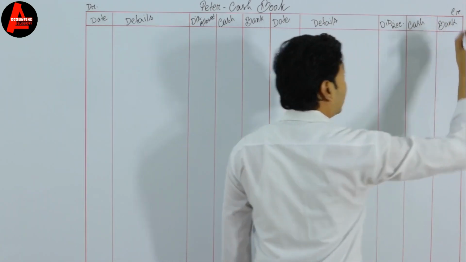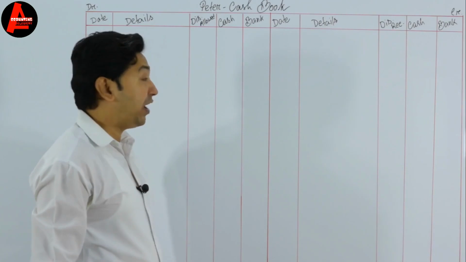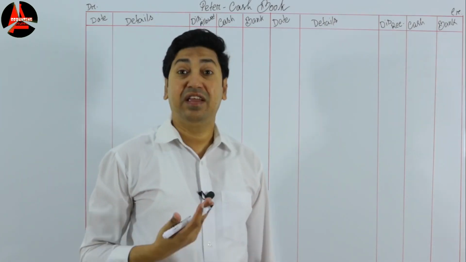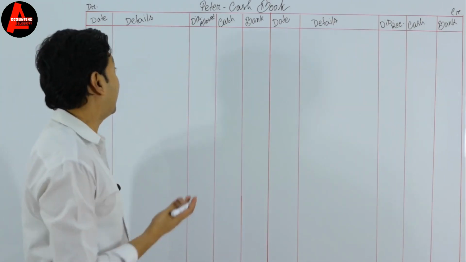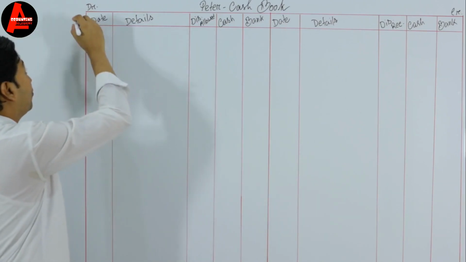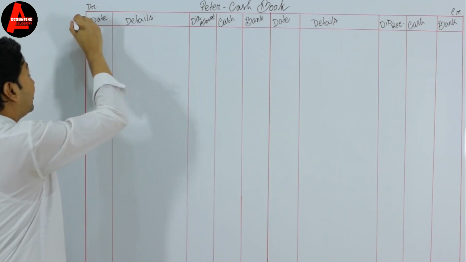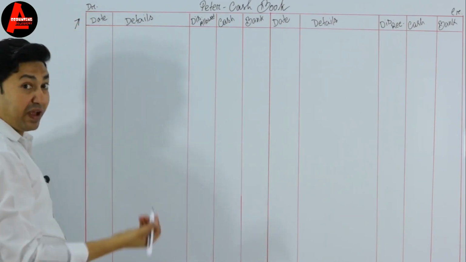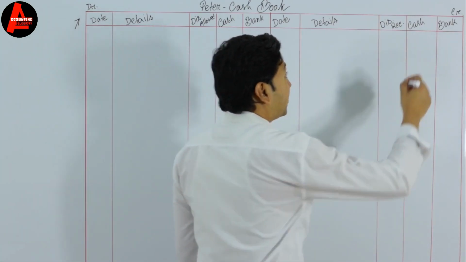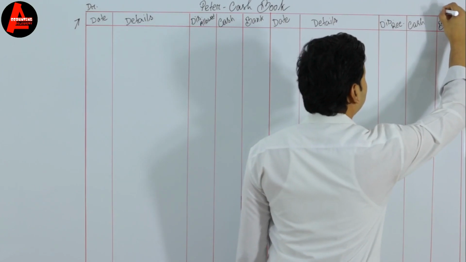Okay, so point to be noted: when you receive cash or you receive money by bank, in this case you have to write on the debit side. Okay, means cash increase or bank increase will be on the debit side. If cash or bank balance decreases, we need to write on the credit side.